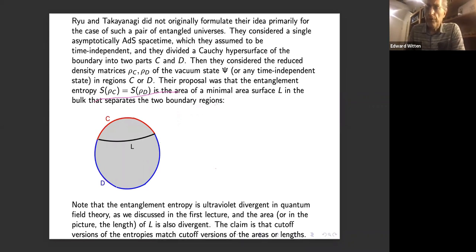What is true, rigorously, is that the state on the full boundary can be reduced to region C or to region D. But the claim that that reduction is a partial trace is oversimplified. And that oversimplification is the reason that there is this universal divergence in the entanglement entropy.